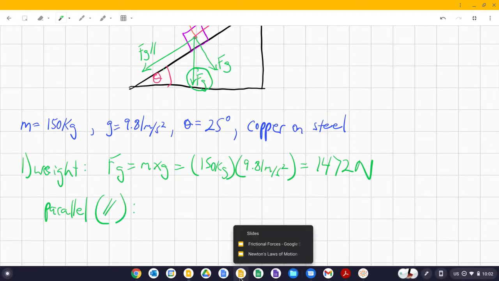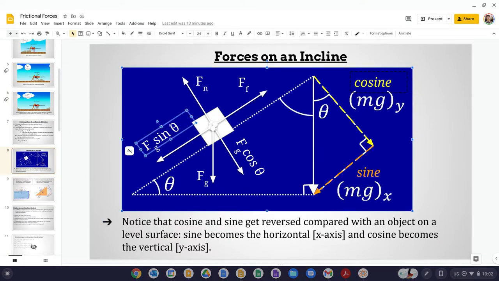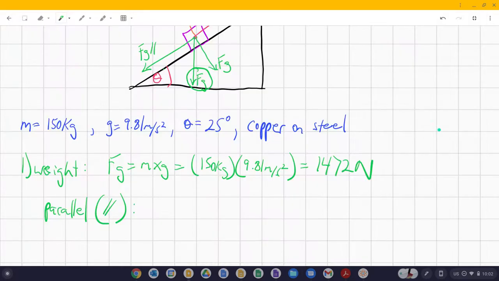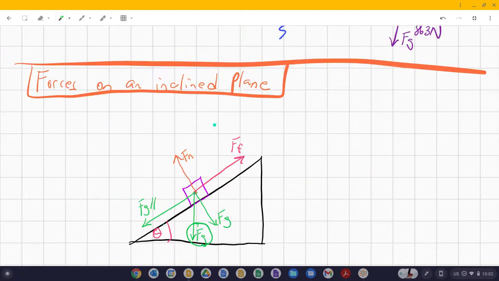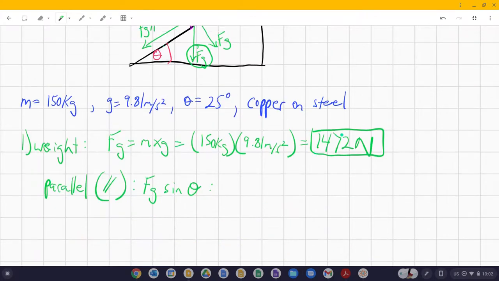Okay, so now let's go back to the notes though. What do we use to solve for parallel? Sine. So we're going to use sine of the angle. So we're going to take the weight times sine of the angle. That's how we get the weight pulling down the hill. Okay. So it's going to be 1472 newtons, sine of, we said the angle is 25 degrees.